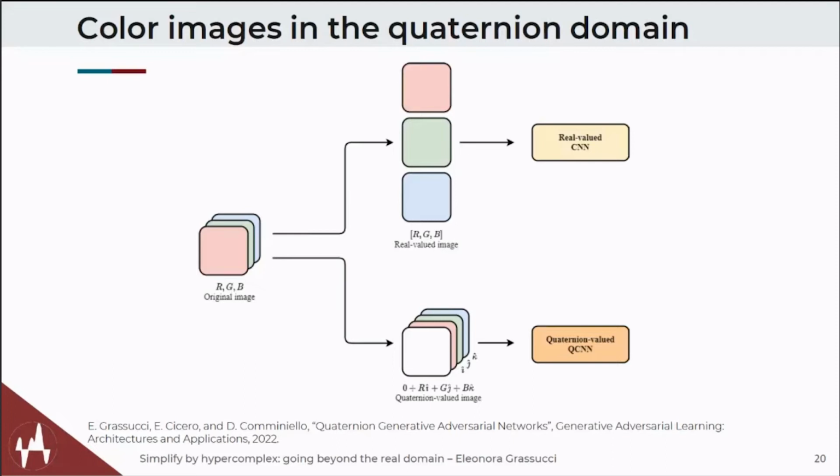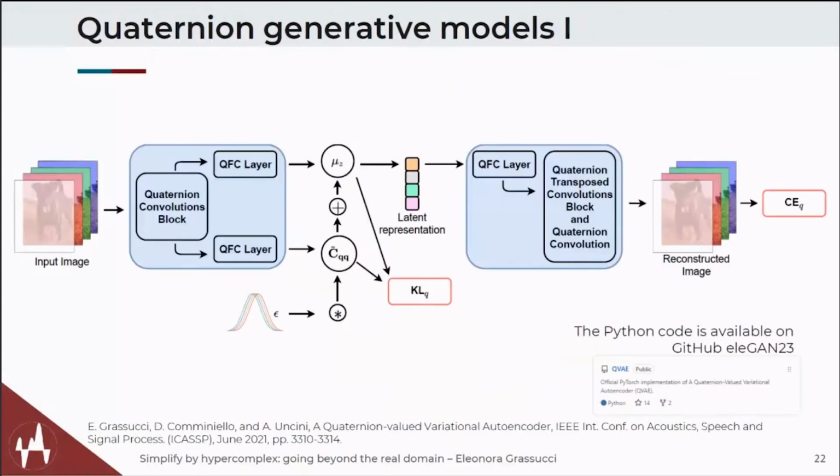In real-valued networks, we lose this combination and we process each channel separately. When we process color images in the quaternion domain, we pad an initial 0 channel to match the desired dimension. So we need 4 channels, and we have to pad additional information in such a way to reach the fourth dimension. But we process the 4 channels as a single entity. We preserve the original structure of the image.